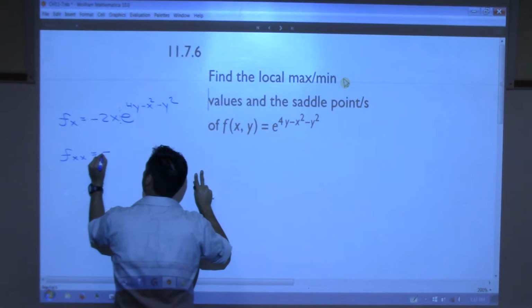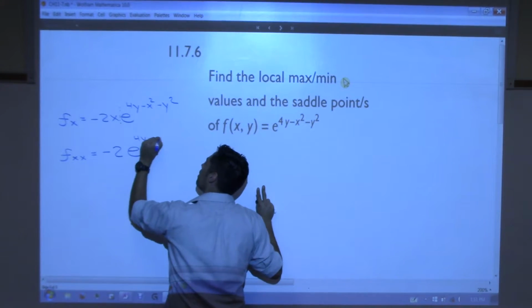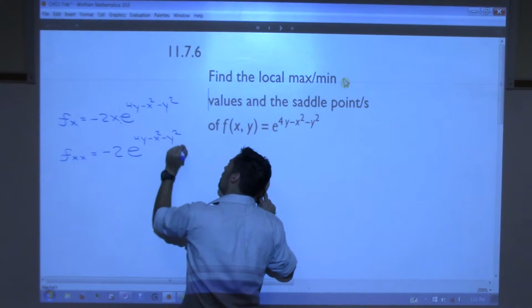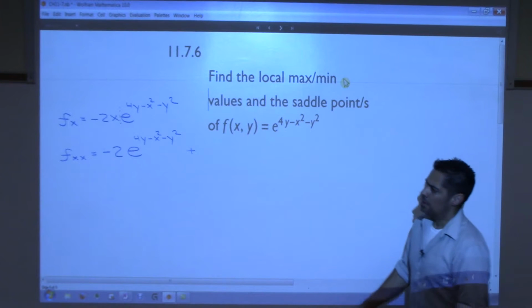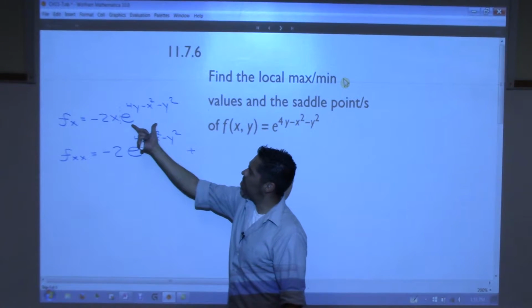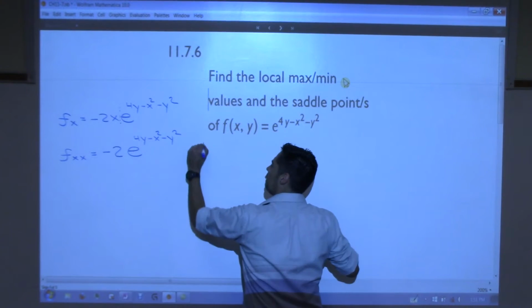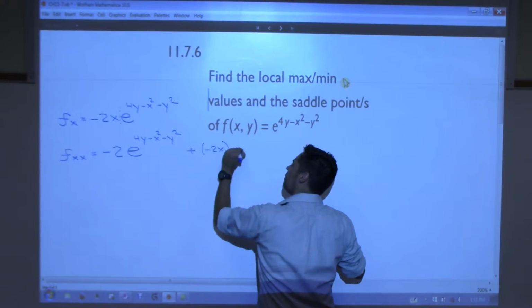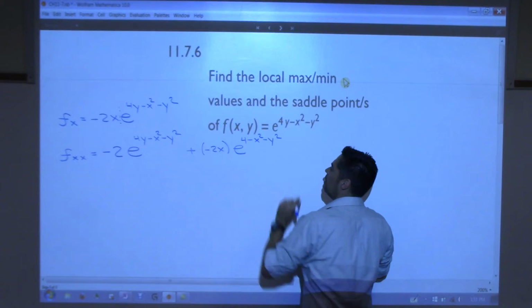Negative 2 times e to the 4y minus x squared minus y squared plus, continuing with the product rule, the derivative of this, which we just did, negative 2x. So it's going to be negative 2x times e to the 4 minus x squared minus y squared.